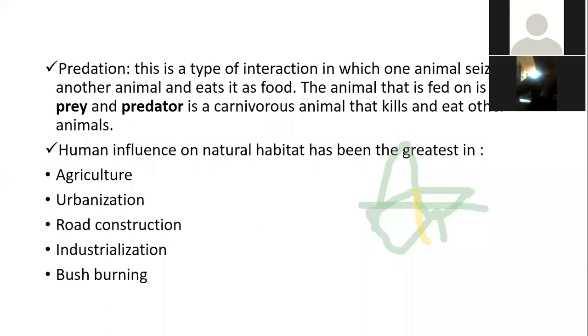Then the cow or the goat becomes a prey because you are feeding on it. So this interaction takes place where one organism feeds on the other. The one that is feeding on the other is what we call the predator, and the one that is being fed on is the prey. Always remember, the predators are carnivorous animals. They are carnivores.